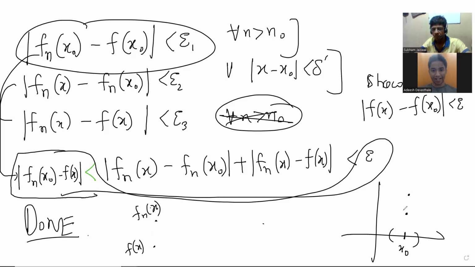If it intersects f of x, then we know that it is continuous. What I said is, if you draw a vertical line through fn of x naught, and if it intersects f of x, then we can say that it is continuous, right?